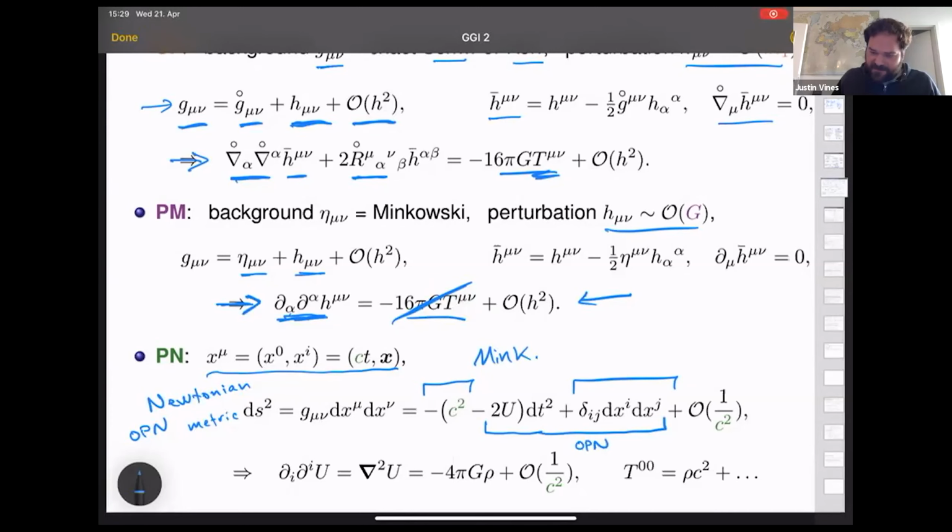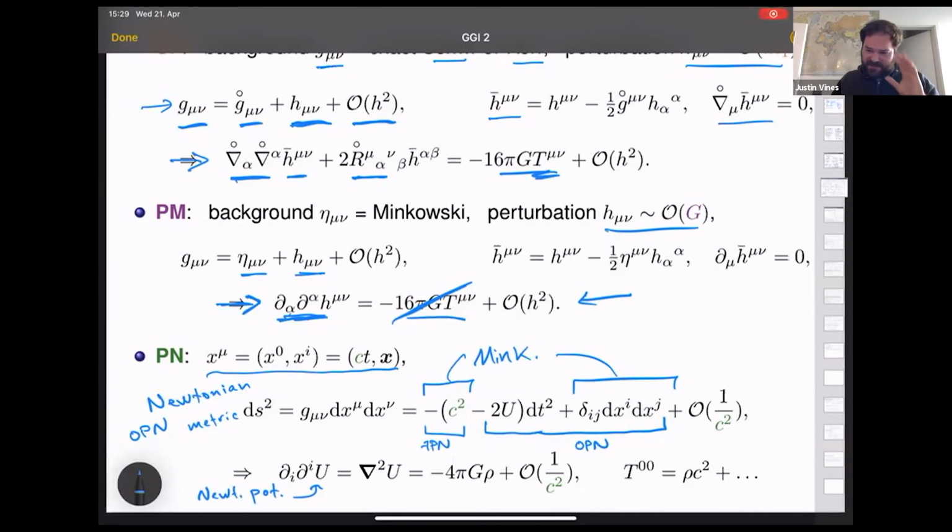This encodes Newtonian physics, and this you could even call minus 1 PN metric, even though these two parts of the Minkowski metric, U is the Newtonian potential, which we mentioned before.